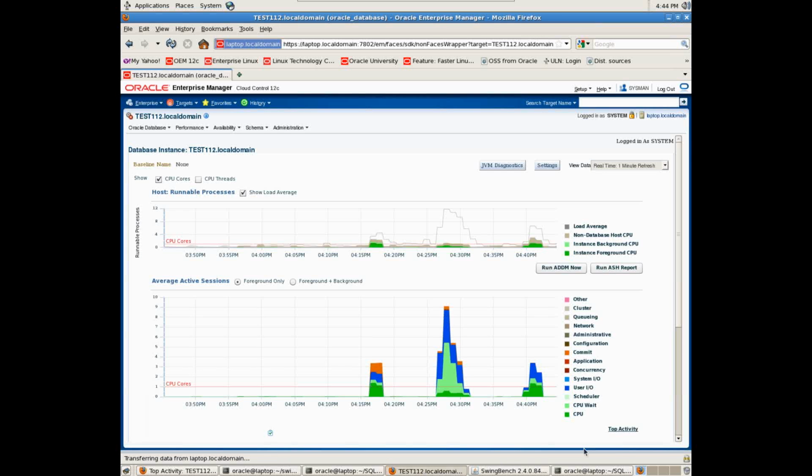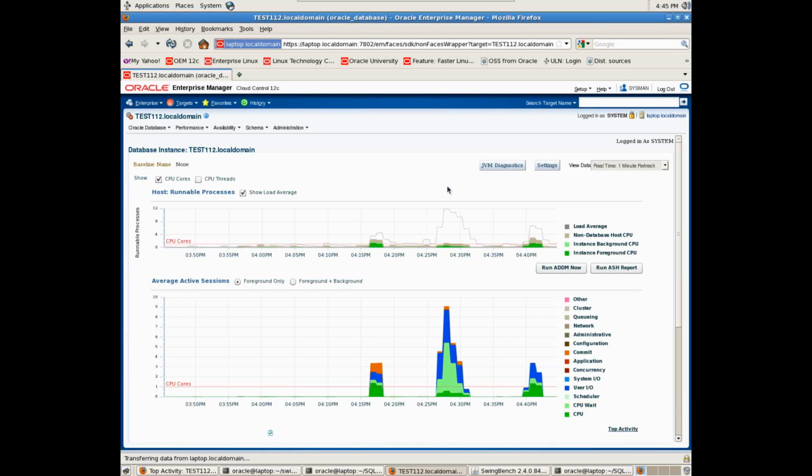The performance page doesn't do that, but it does have its own strengths. So it's not a page I use as often, but it has strengths which the top activity page doesn't. So for example, when we're looking at this overloaded system, I can see there are too many runnable processes for this number of CPUs. It also shows the CPU wait effectively. And the performance page is using different data which is gathered in a different way.